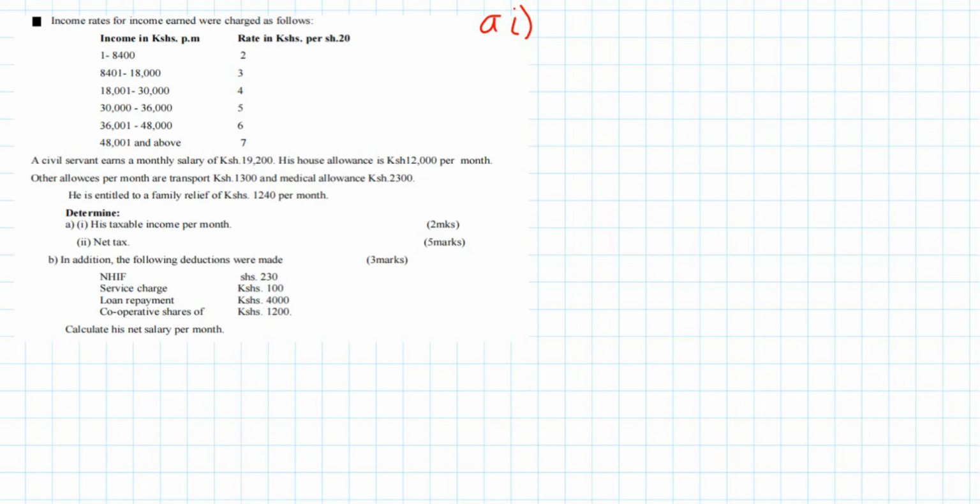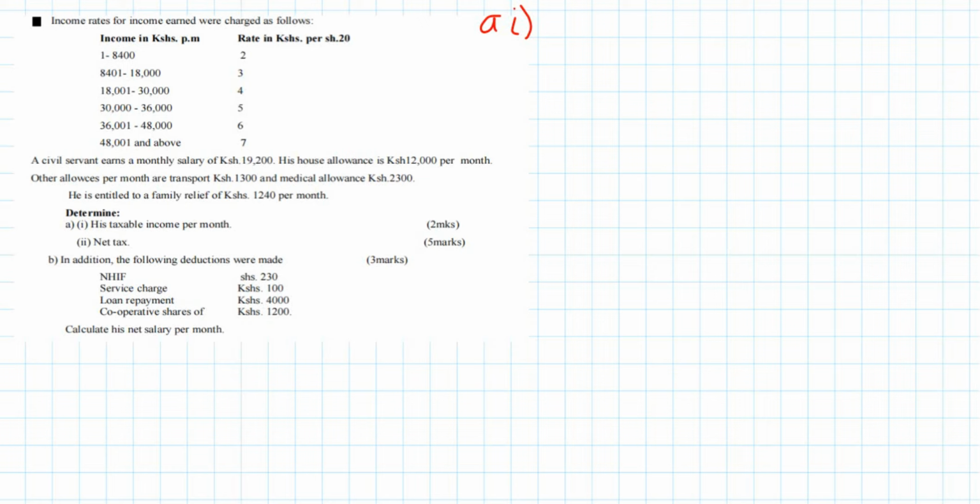We are told that a civil servant earns a monthly salary of 19,200. His house allowance is 12,000 per month. Other allowances per month are transport at 1,300 and medical allowance 2,300. He is entitled to a family relief of 1,240 per month.